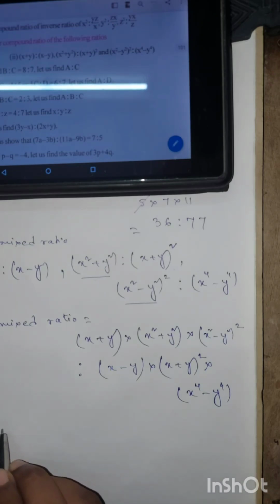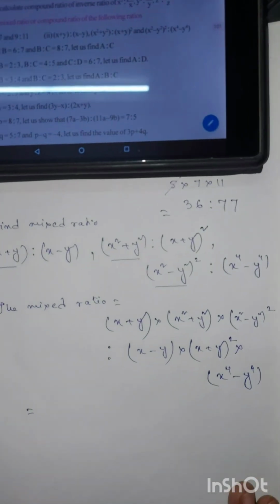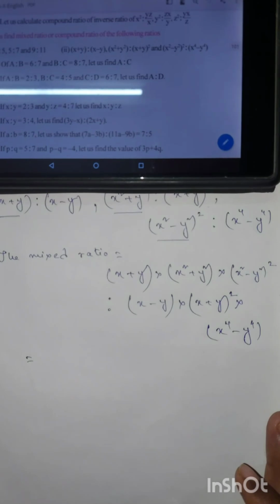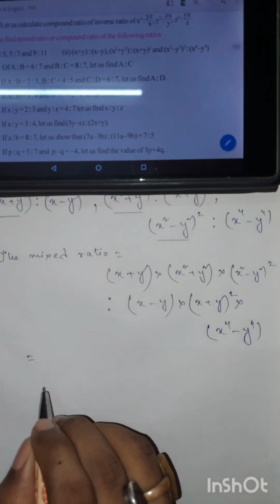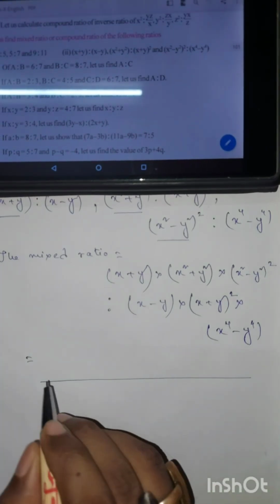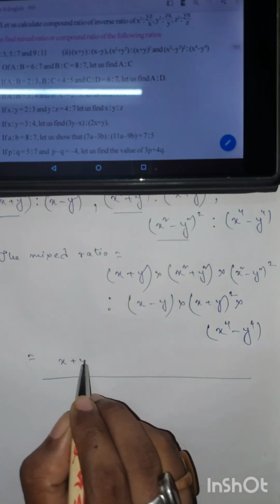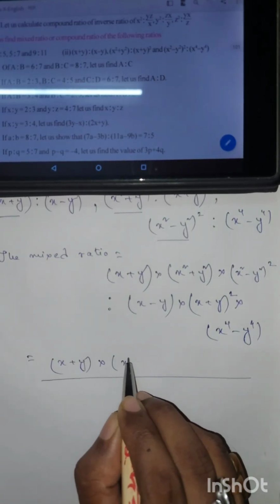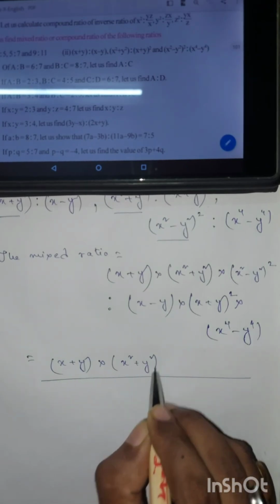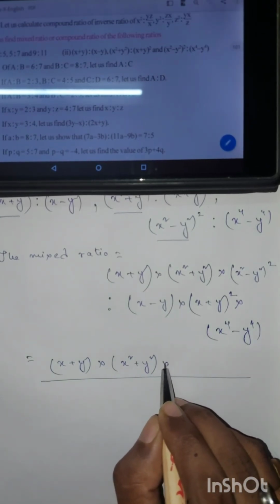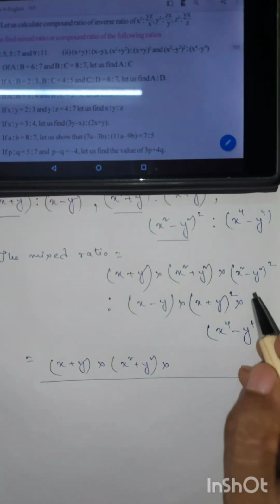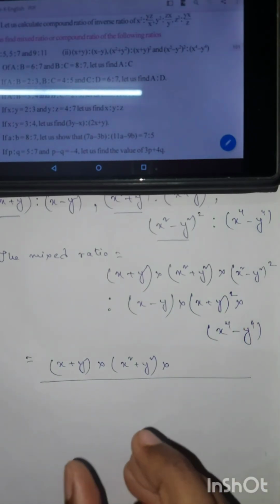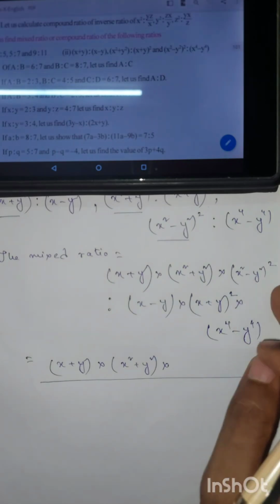Now x square minus y square can be written as x plus y, x minus y and whole square.